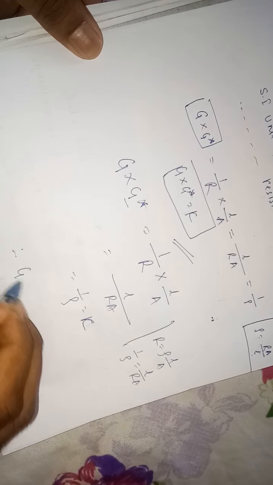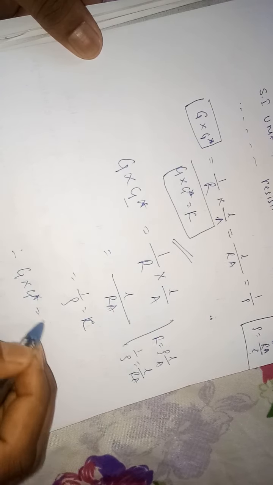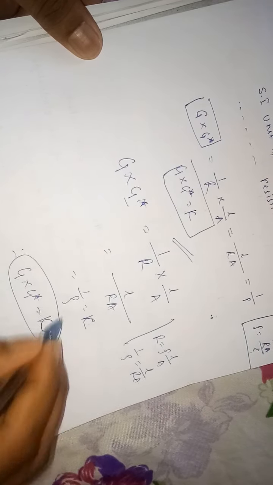So therefore G into G star is equal to kappa. So these things you have to remember.